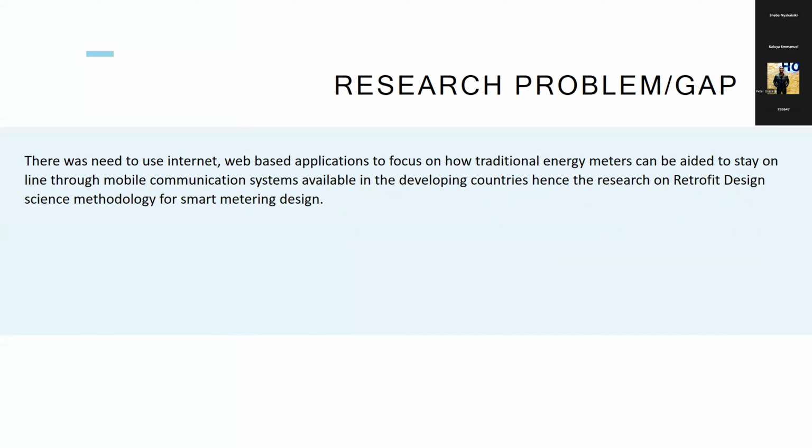Then the research problem or research gap. We identified that there was need to use internet web-based applications to focus on how traditional energy meters can be aided to stay online through mobile application systems available in developing countries. This required them to come up with a new approach, the retrofit design science methodology for smart metering design.